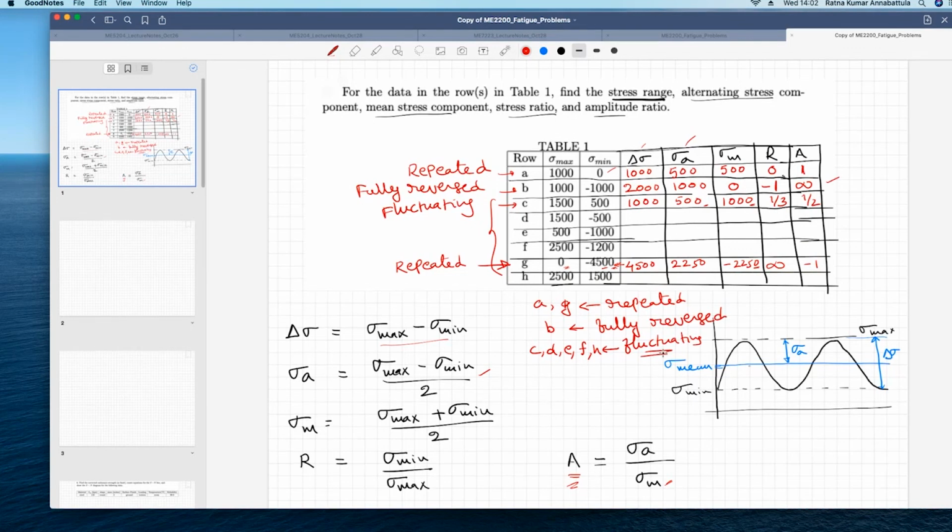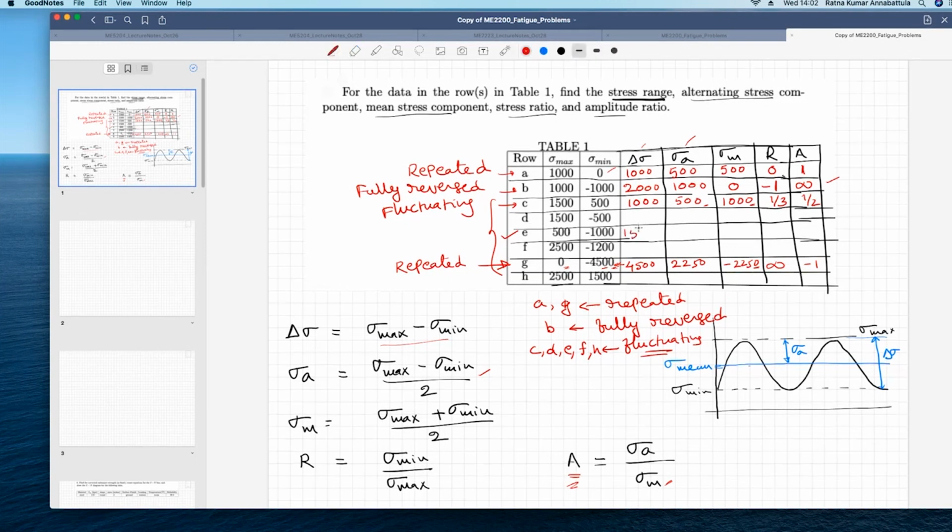Okay. And if you look at this, E is also one interesting loading scenario. If you see that the E delta sigma is 500 minus minus 1000, so it's 1500.